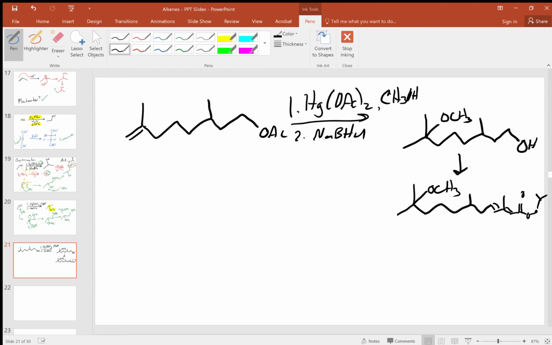And what have we made here? This compound is known as methoprene. And where do we find methoprene?